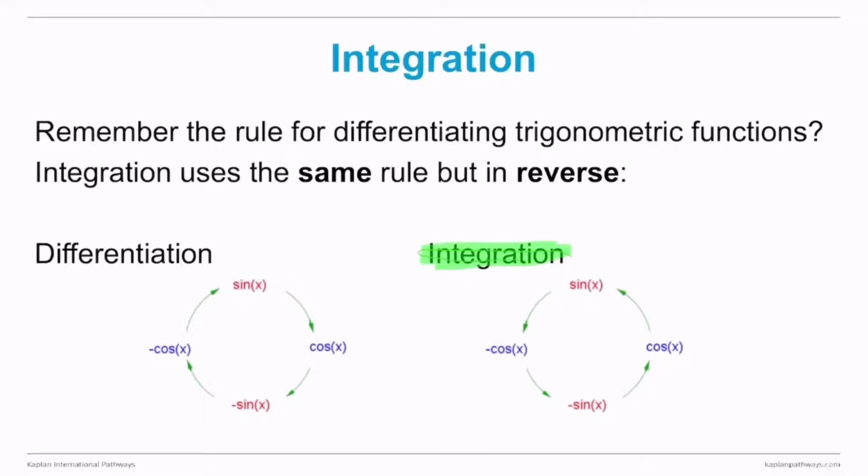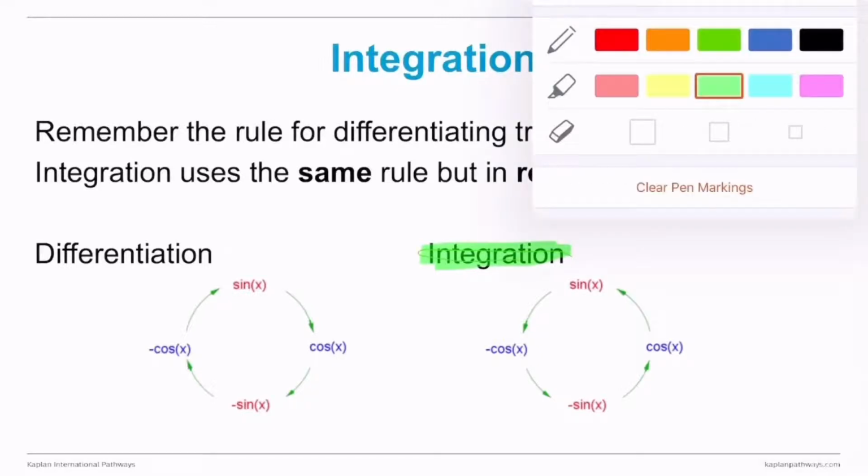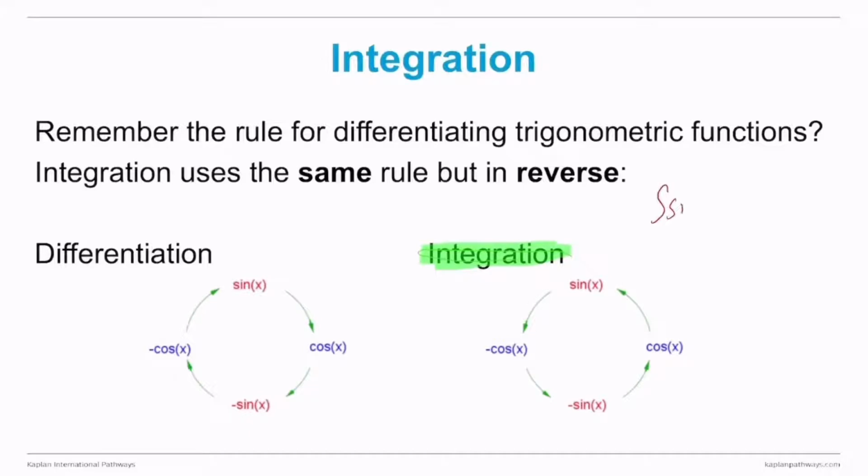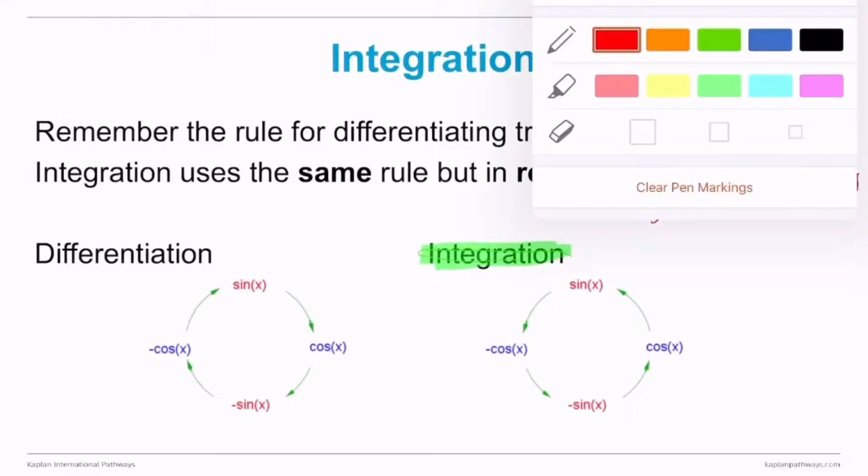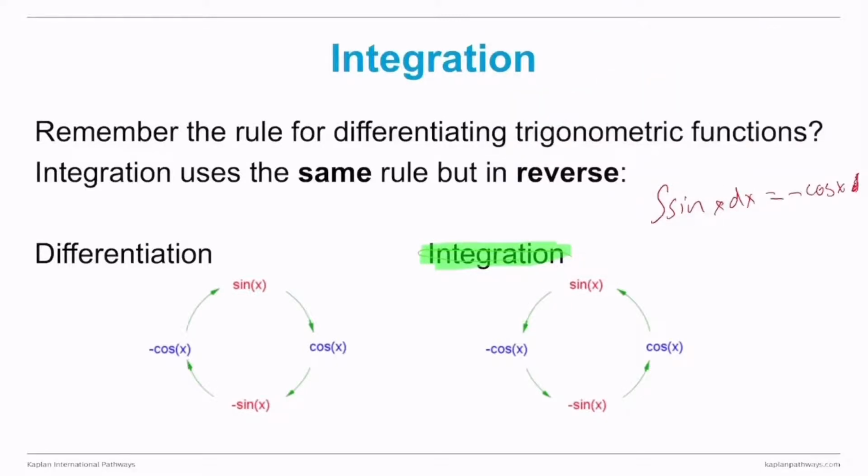So the integration of the sine is minus cosine. Sorry, there is no dx. So it goes anti-clockwise: the integration for the sine is minus cosine, integration for minus cosine is minus sine, integration of minus sine is cosine, integration of cosine is sine.